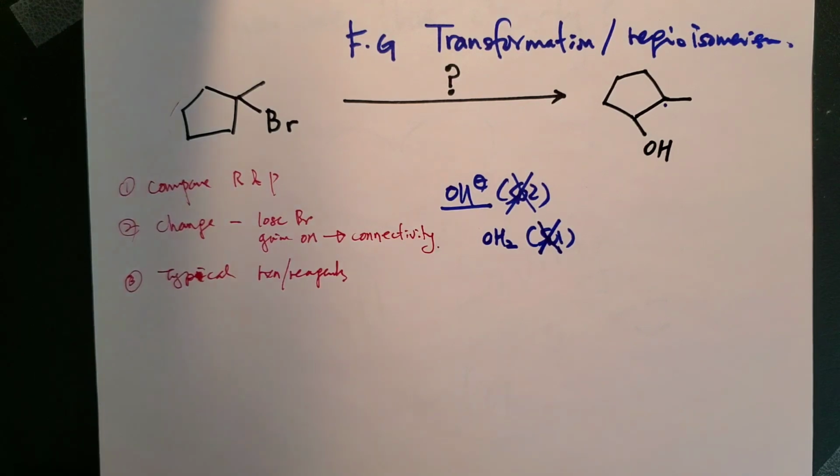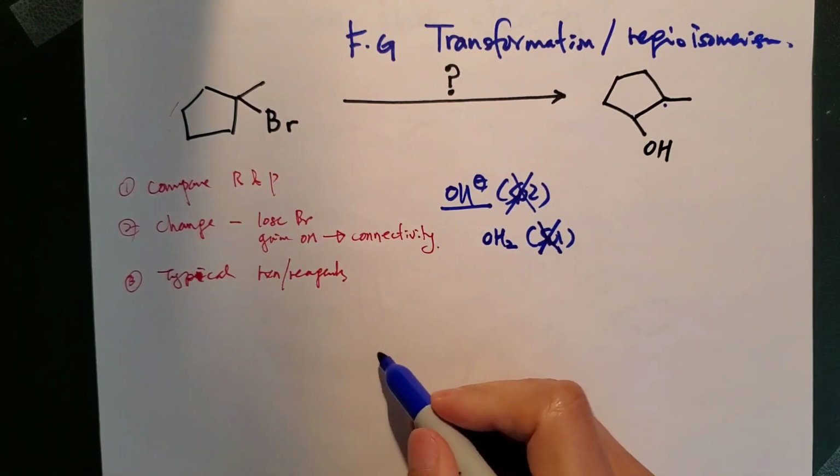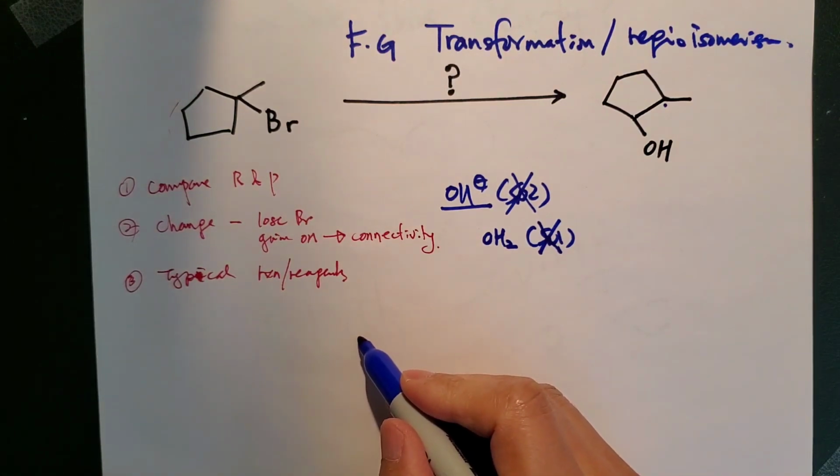We need to have a separate video on this, but how do you do it? Well, in an earlier video, I think we looked at the case where you have halogens, and then you can do SN2, SN1, but you can do the same thing going through some other functional group.